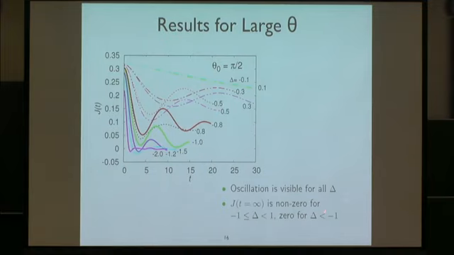That is, if you are in the Néel phase in XXZ language. But in the gapless phase, delta between minus 1 and 1, it seems like the asymptotic value of the current is non-zero.